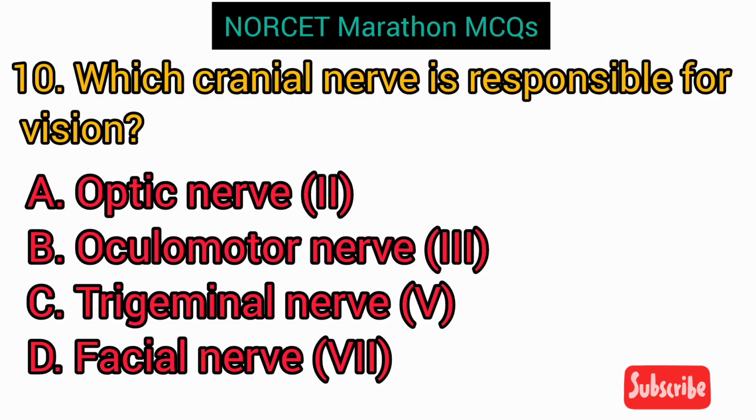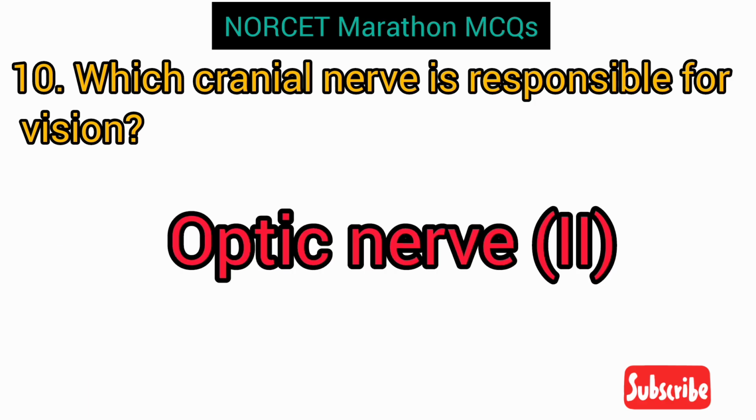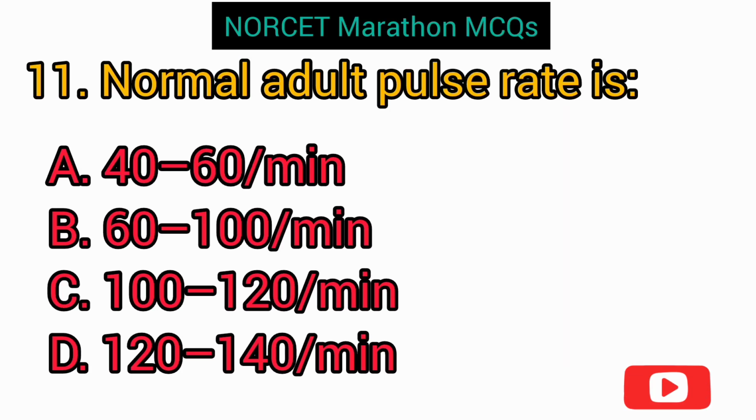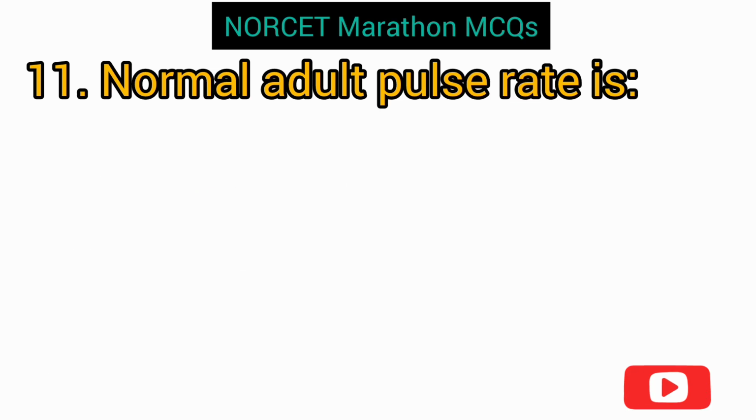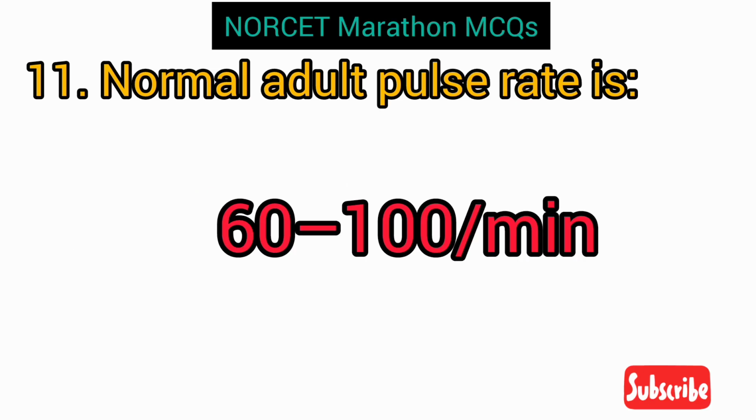Which cranial nerve is responsible for vision? Optic nerve, second. Normal adult pulse rate is 60 to 100 per minute.